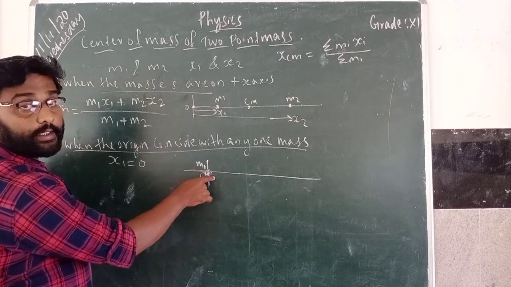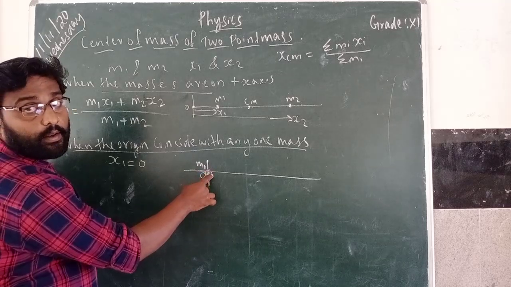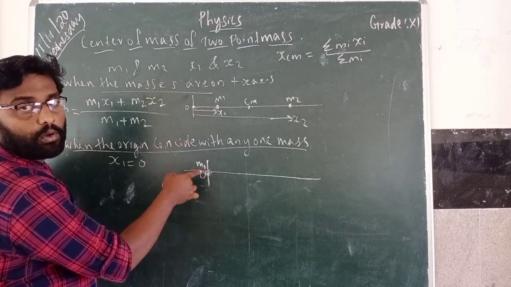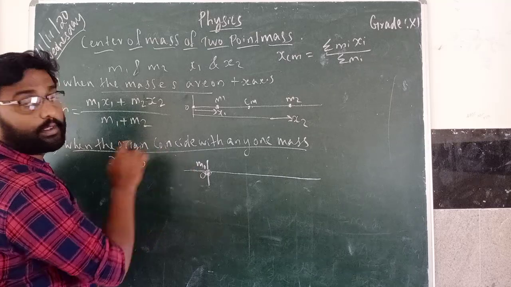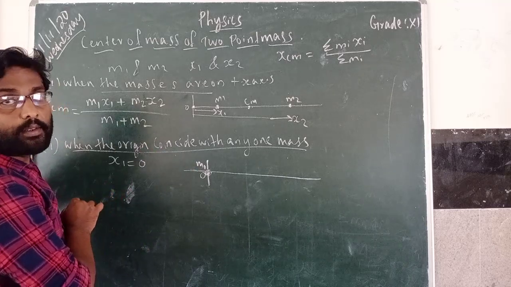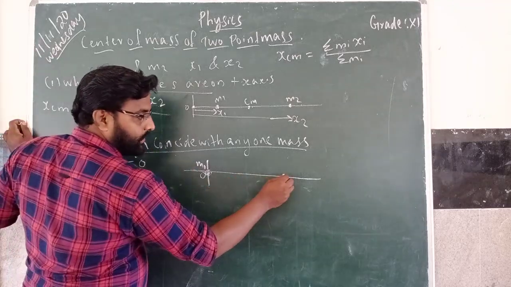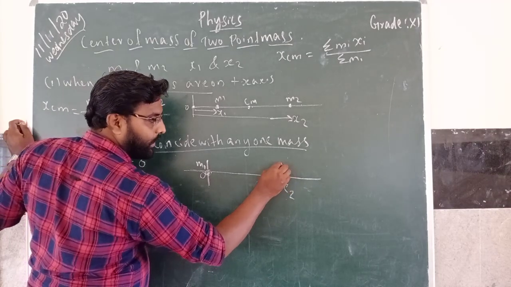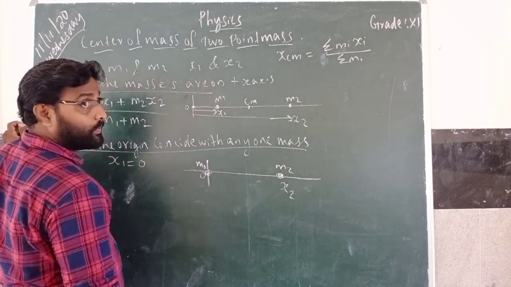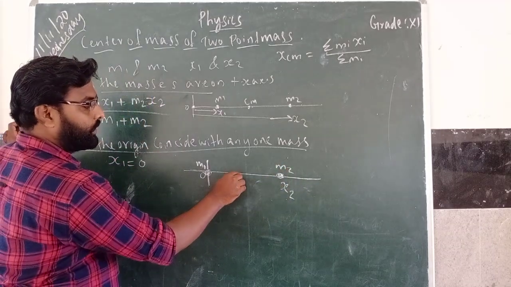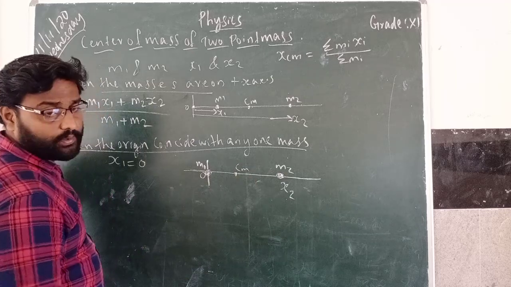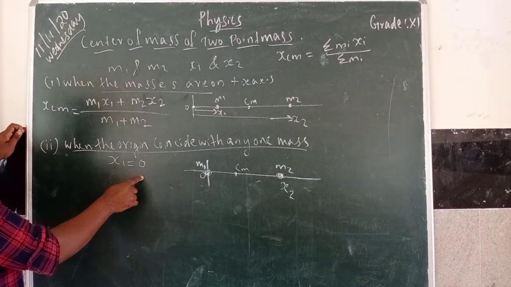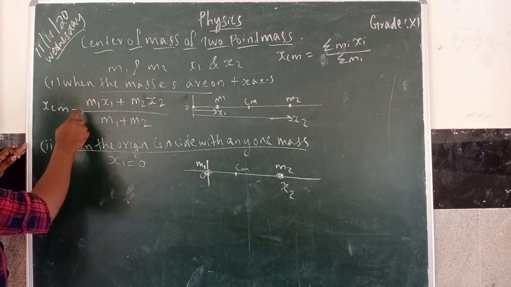Mass m2 is kept at the position x2, and we can find the center of mass. Now you see x1 is 0. So from this formula what can you tell?